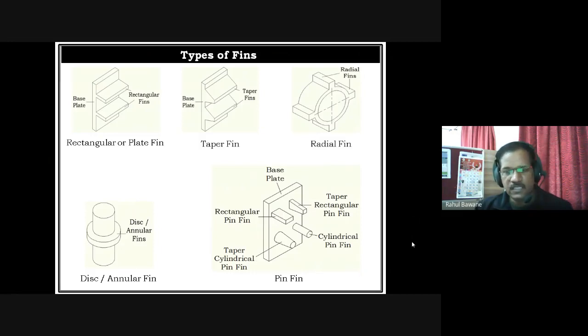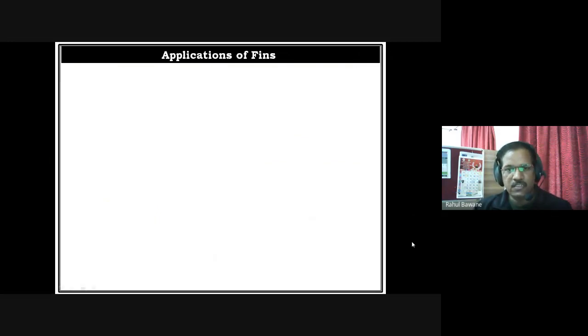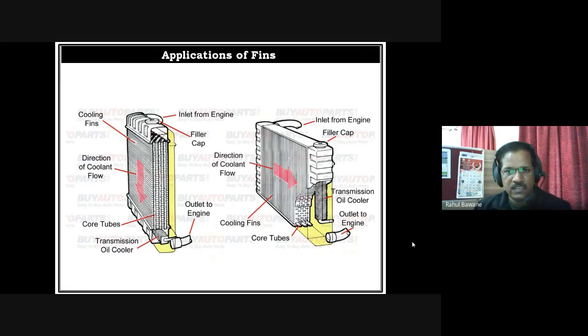Now we will see what the actual applications are. There are a lot of applications of fins, so I will just summarize 2 or 3 industrial or day-to-day life applications. First is the radiator.